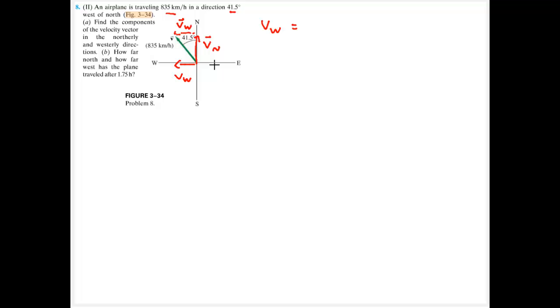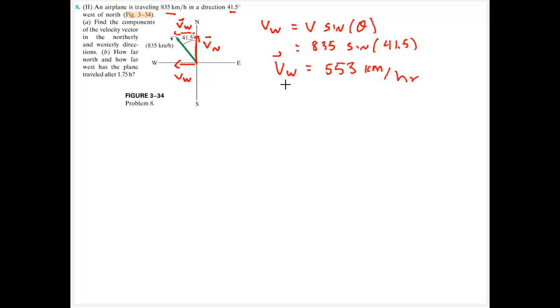That's going to be the opposite side, so it's going to be V multiplied by the sine of the angle there, so it's going to be 835 kilometers per hour multiplied by the sine of 41.5. So the velocity in the westerly direction is going to be 553 kilometers per hour.